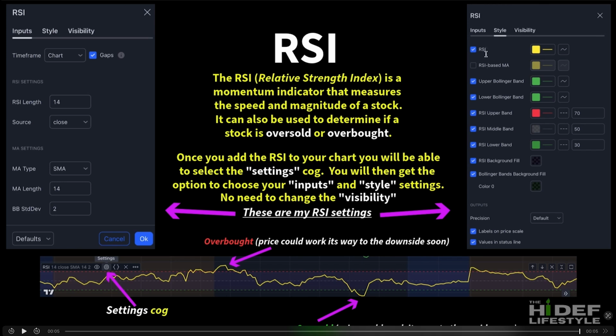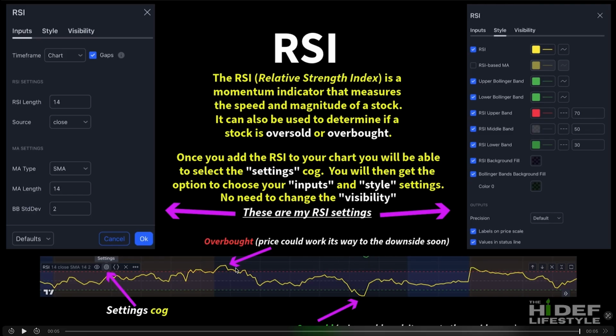On the right, this is style. And like I said before, you can change the color on the RSI, no problem. And yeah, whatever. I like mine yellow, but whatever color you want, it's fine.